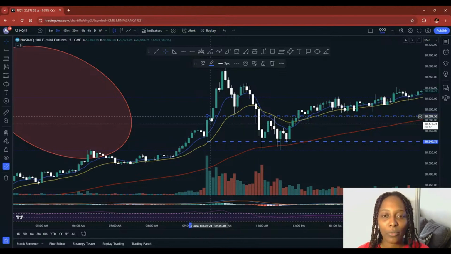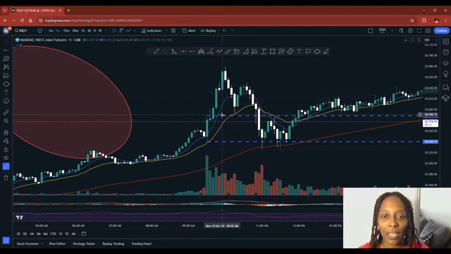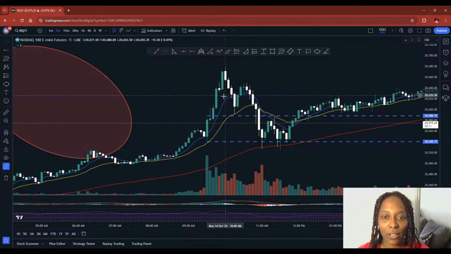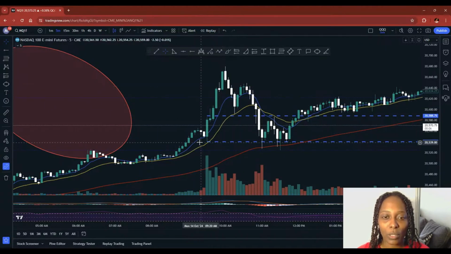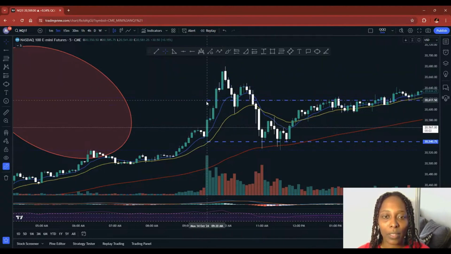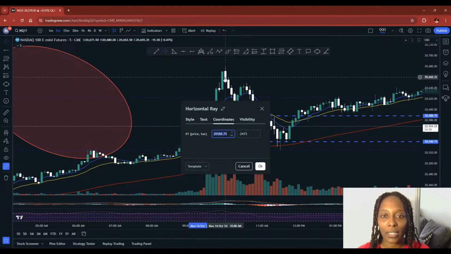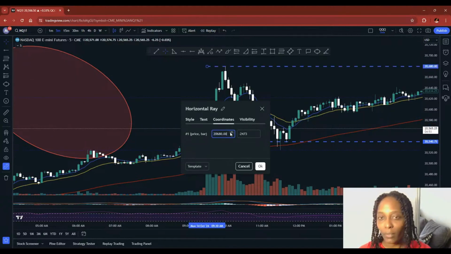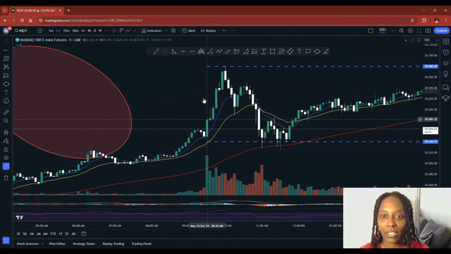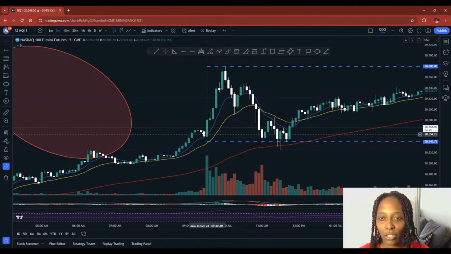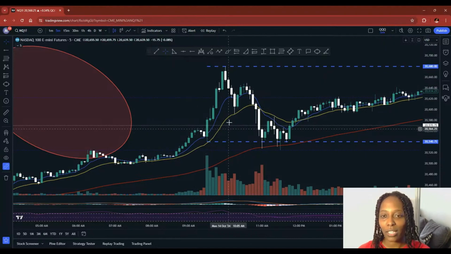I'll have another line for my high, and as price continues to move up, then I will adjust those levels all the way until the 10:30 range. Wherever the lowest point is and the highest point between 9:30 and 10:30, that is where my lines will be. That lets you know that's the initial balance. First hour of trading, that's the initial balance.